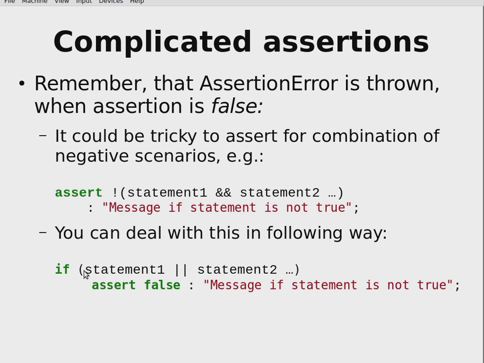and then write these bad scenarios, and if these bad scenarios were actually not true, then do the complete opposite, assert false. So you start with an if over all these scenarios, which represent the bad cases where you need to throw an assertion error, and then assert false.